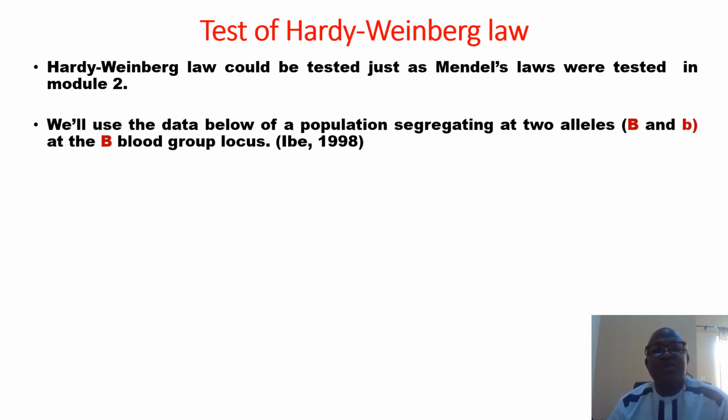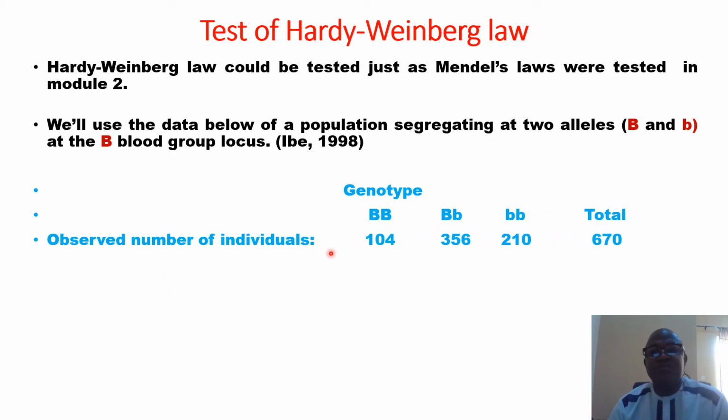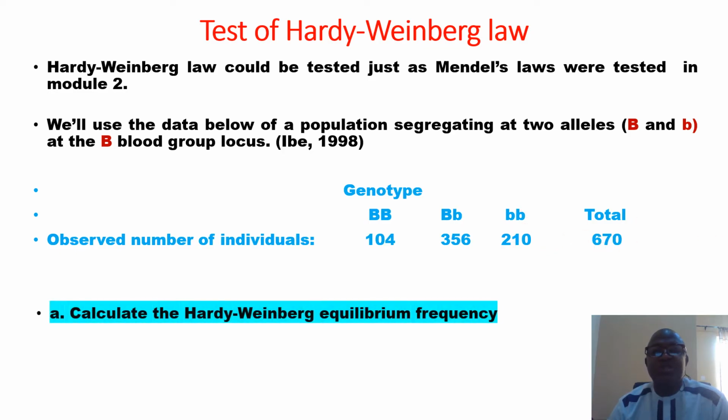We'll use the data below of a population segregating at a gene locus, capital B, small b, at the B blood group locus. Again, data was obtained from a work by EB, 1998. These are the genotypes, and we have the observed numbers of individuals: BB 104, Bb 356, bb 210, giving us a total of 670 individuals.